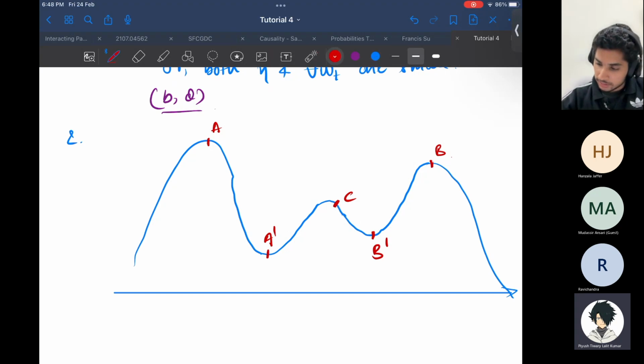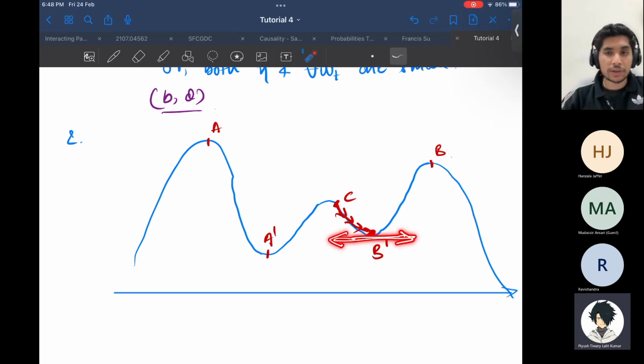Let me just draw it with the pen as well. So this is the direction that you will go, and you will eventually reach B dash. However, since B dash is a local minima, if you draw a tangent here, there is no direction in which if you move your value will decrease. So this is a local minima and you will get stuck here.